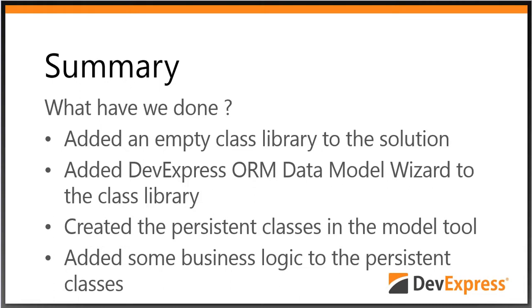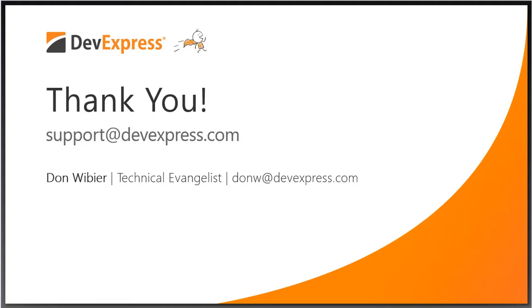We've even put in a bit of business logic in that model, and we might put in some more business logic next week. I hope you find it interesting so far, and that you will join me next week when we're going to use this model in our web application.